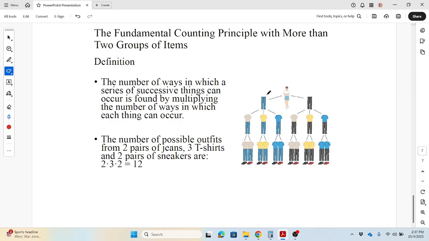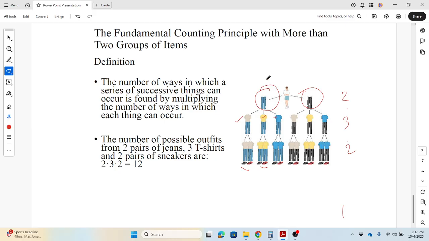For example, 2 jeans, 3 different t-shirts, so 2 times 3, and then 2 pairs of sneakers. So there are 2 times 3 times 2. Depending on how many items you have, you just multiply all the possibilities, and then you find the total number of outcomes. So 2 times 3 times 2 is 12.